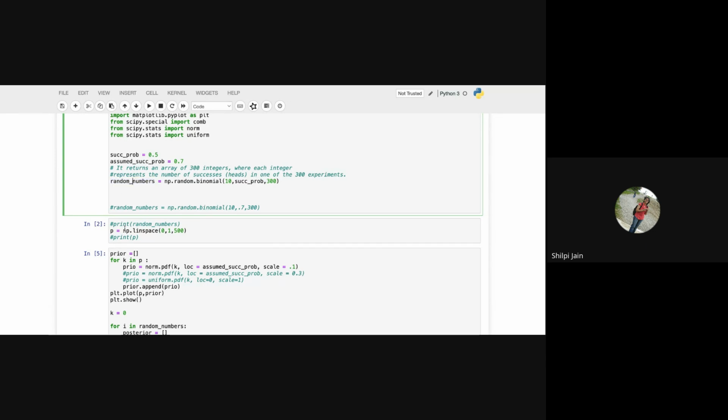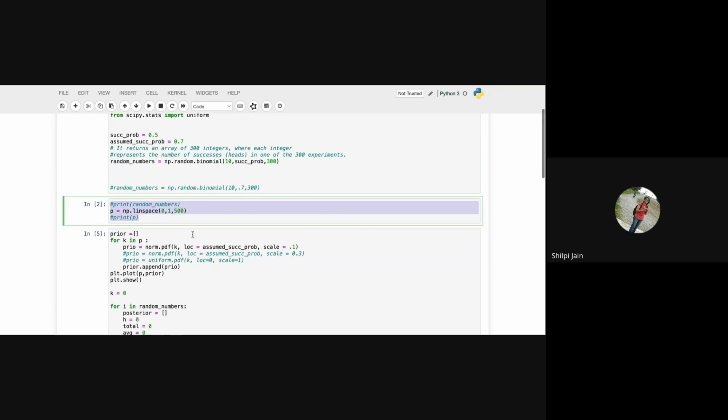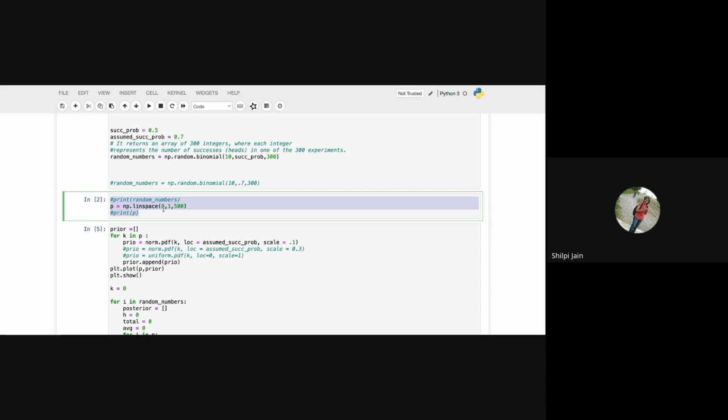Then what this line is doing is dividing a line from 0 to 1 into 500 equal parts. Why? Because at each point you can assume this as my probability of head. The first will be 1 by 500, the second will be 2 by 500, right?